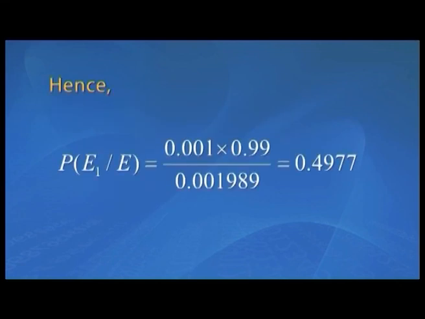Therefore, P(E1|E) = 0.001 × 0.99 / 0.001989 = 0.4977.